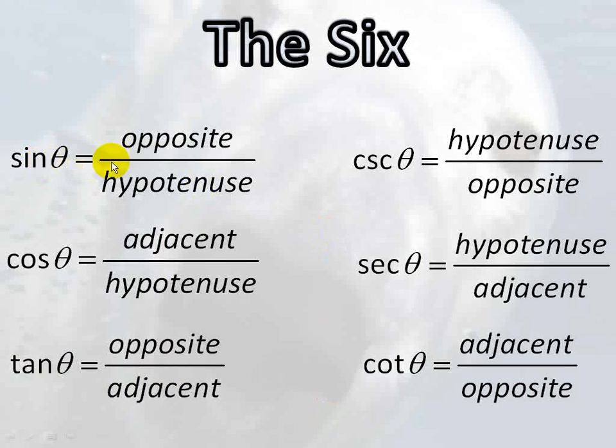So here, sine, opposite over hypotenuse, so cosecant is hypotenuse over opposite. Cosine, adjacent over hypotenuse. Secant, hypotenuse over adjacent. Tangent, opposite over adjacent. Cotangent, adjacent over opposite. So if you remember these primary ones right here, sine, cosine, and tangent, then remember which reciprocal goes with which function, and you'll have the 6.